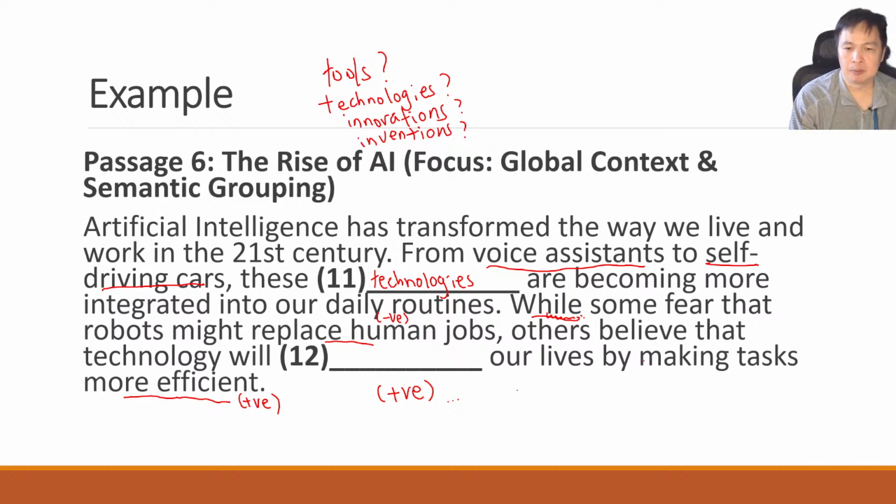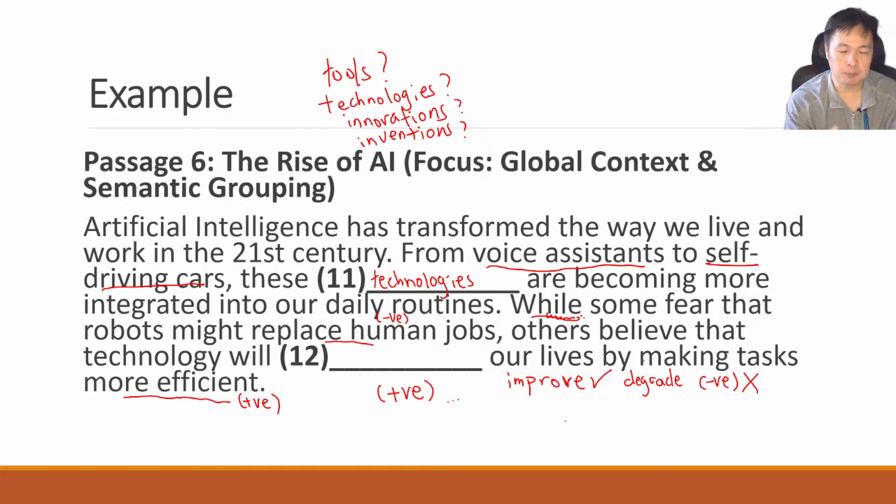So using collocation, the first word that pops into my head is improve, will improve our lives. Well, if you write degrade, this is a negative word, but we are not looking for negative words. We are looking for positive words, right? So having this understanding actually helps you to narrow down your options and zoom in on the answers.